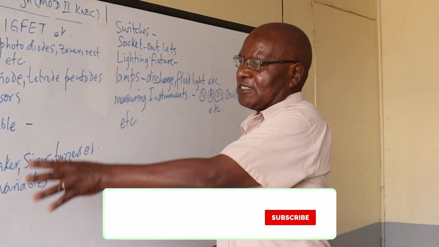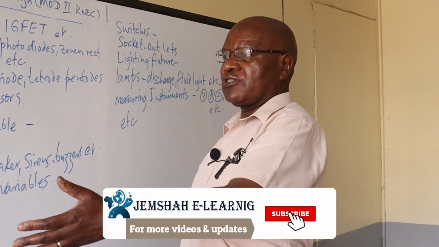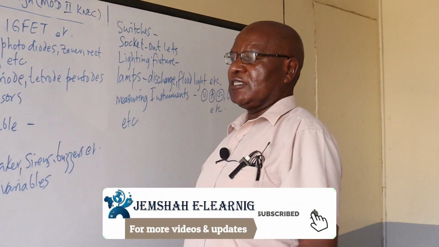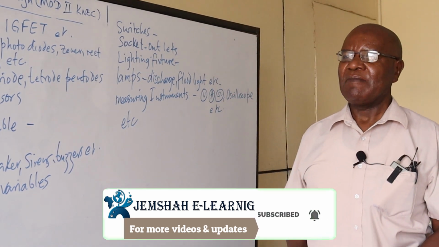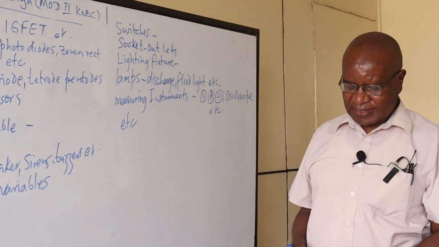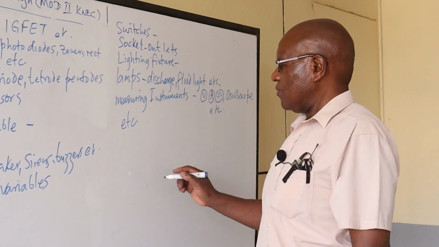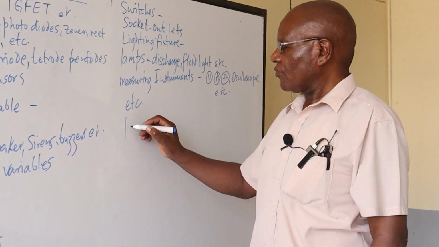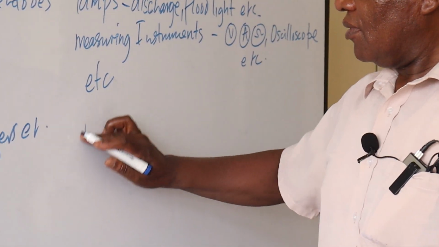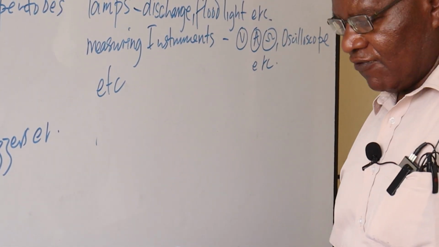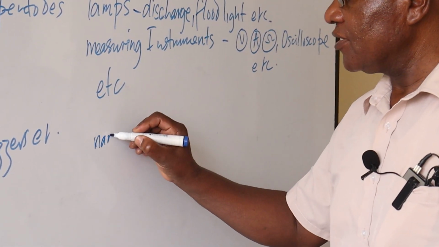Now, the components I've listed here, there are also others you have come across in your first year or the places where you went for your attachment. So as an exercise, what I would like you to do is come up with a table. And in the table, have a column for the name of component.